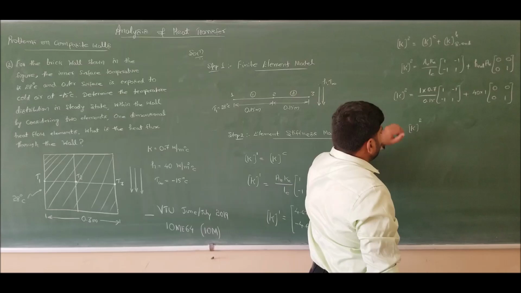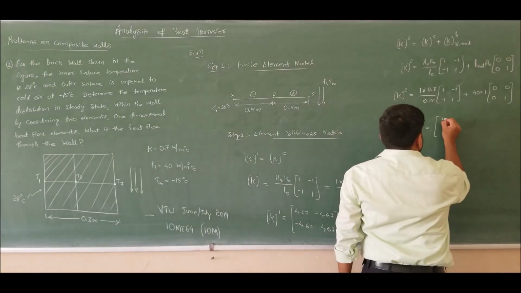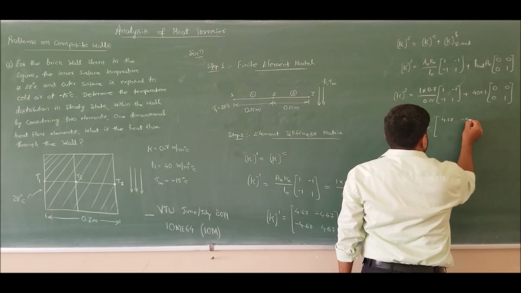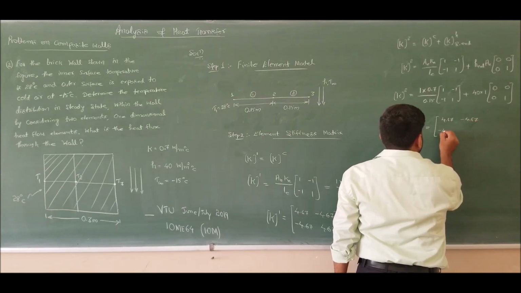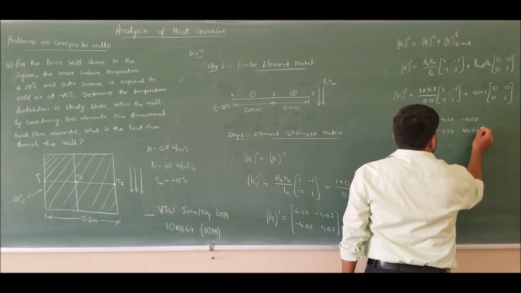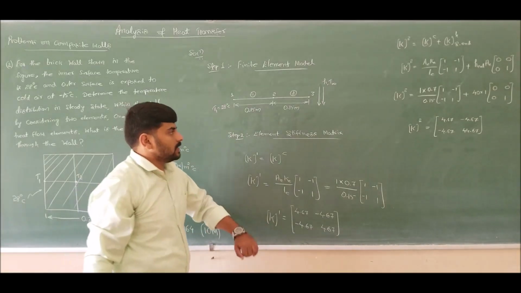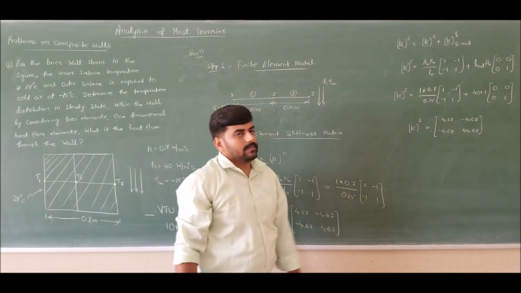If I simplify, the element stiffness matrix for element 2 will be 4.67 minus 4.67 minus 4.67 44.67. So this completes the element stiffness matrices for element 1 and element 2.